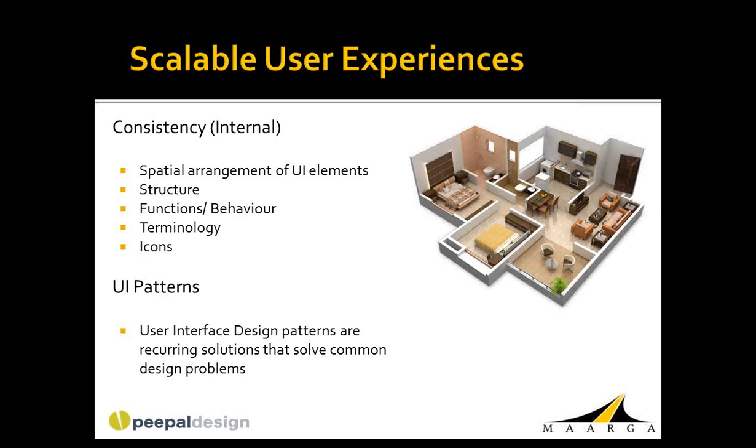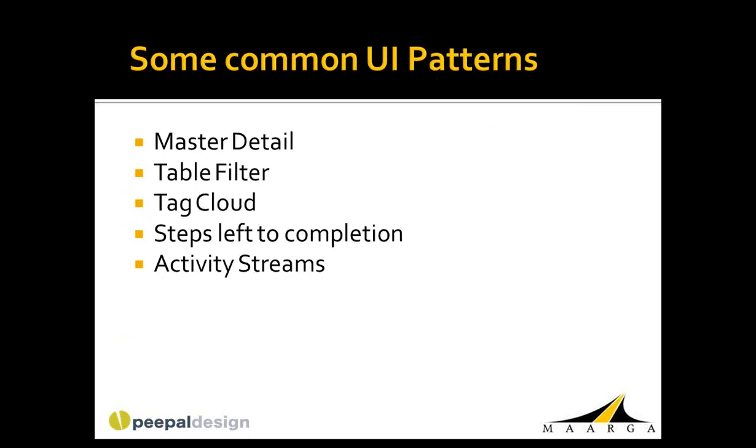I have a few examples of what I call our UI patterns. One of the first things which is used very frequently is master detail. So essentially you have a master table which is showing you a list of objects or records, and on selection of something then you show a detail. There could be UI patterns which are at a slightly lower level, things like how table filtering happens in your application, or how you aggregate usage of different kinds of information pieces by a community.